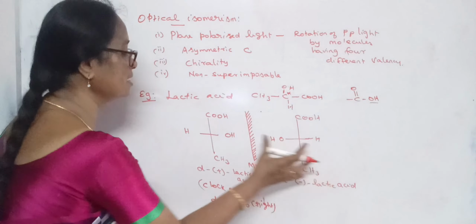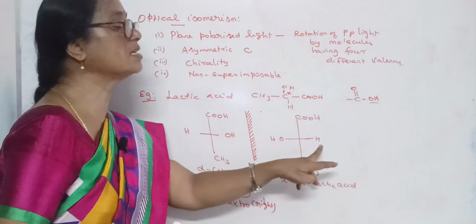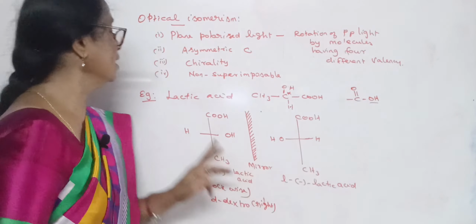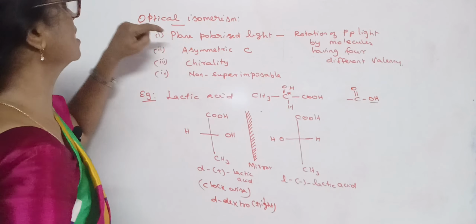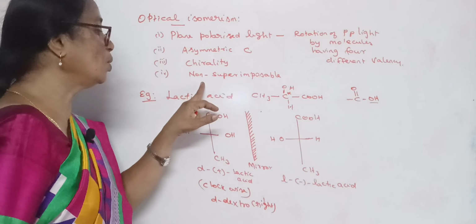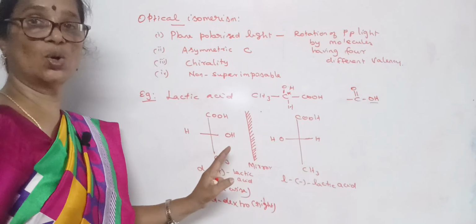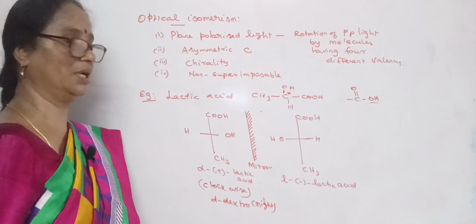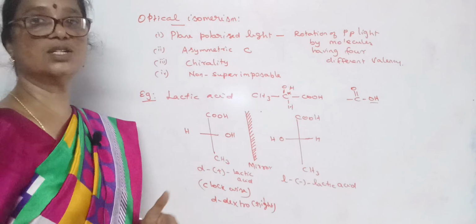Similarly, when you place this molecule over this, the H falls on OH and OH on H, that is said to be non-superimposability of the molecule. So, besides the two properties of asymmetric carbon and chirality, the molecule and its image should show non-superimposability. Then only that molecule can exhibit optical isomerism.